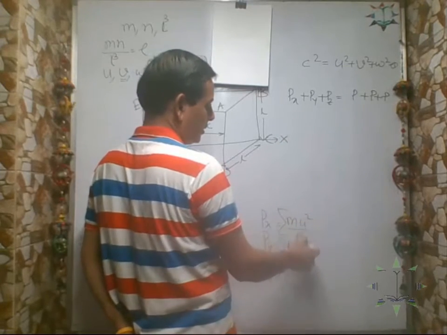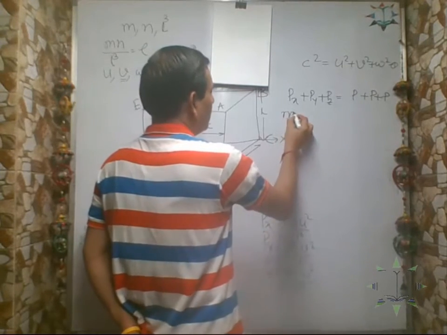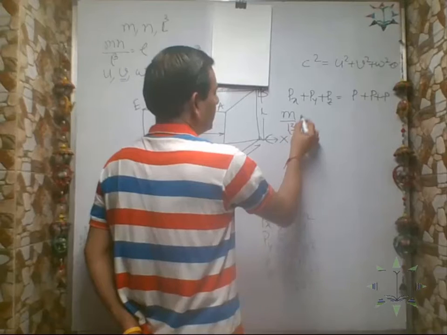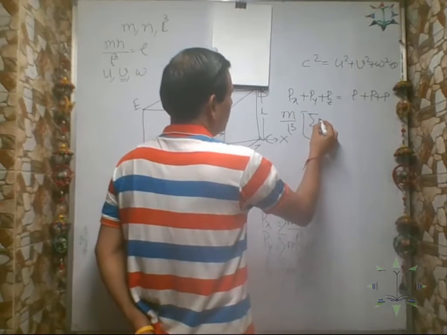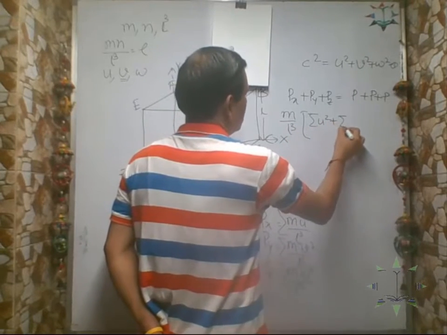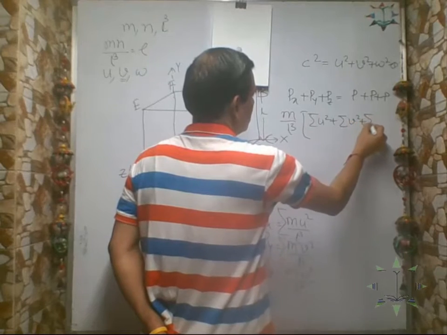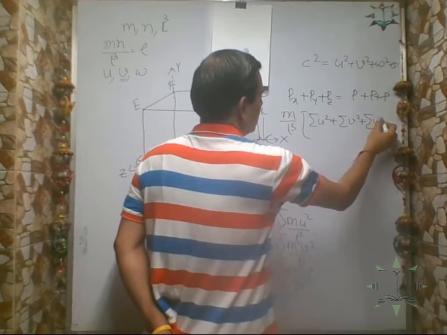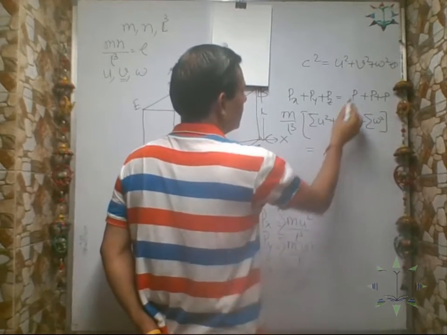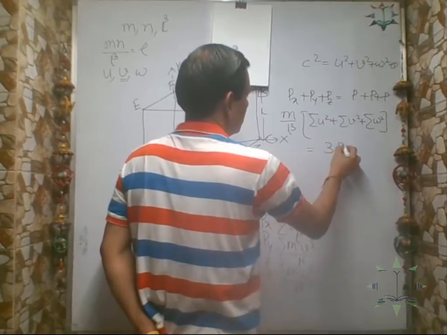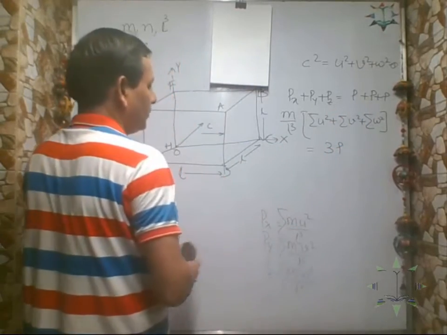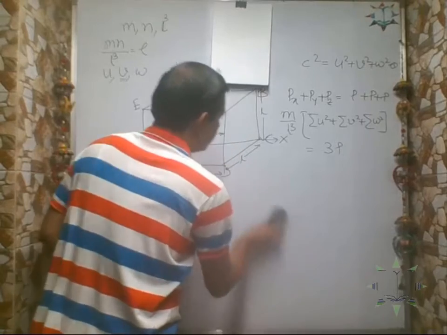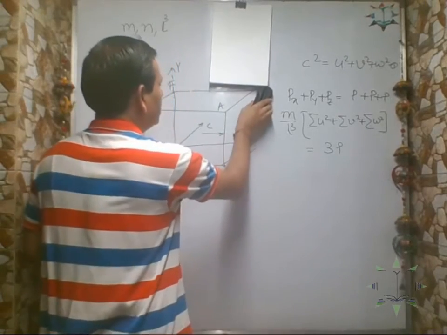Let us take the constant m by L cube out. You get the summation of u square plus the summation of v square plus the summation of w square. This is equal to P plus P plus P, meaning 3P. Correct? Now we can remove this part.